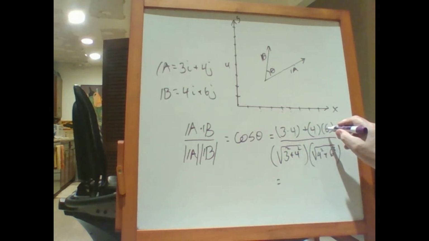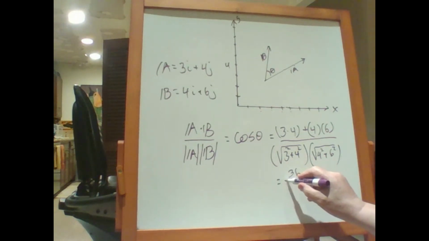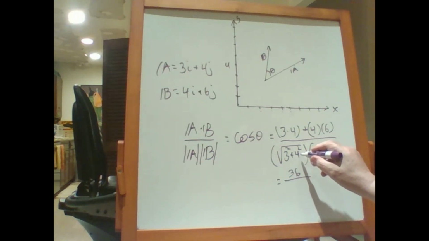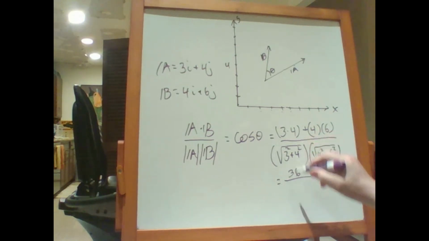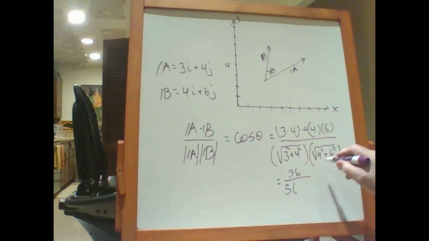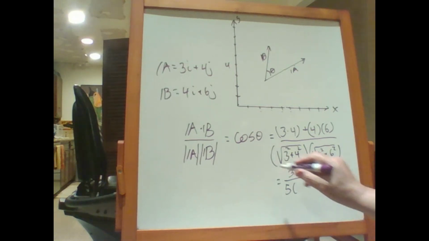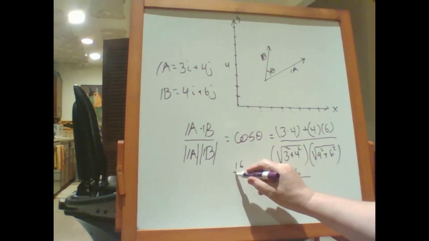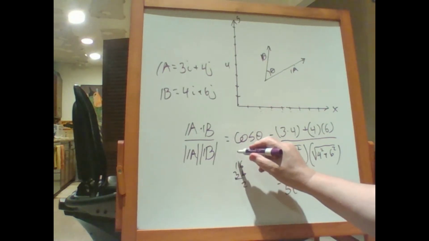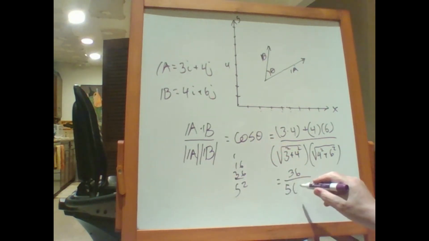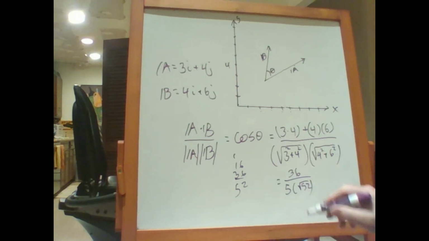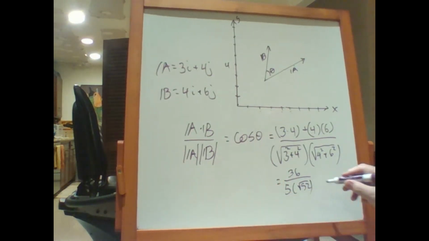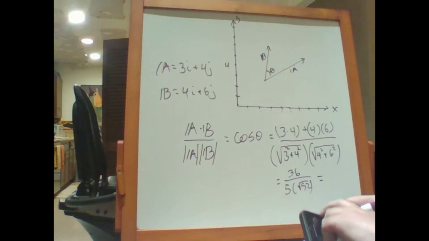That's 12 and 24, that's 36, over 9 plus 16, that's 25, so that's 5, times the square root of 16 plus 36, that's 52, square root of 52. Let's see what the square root of 52 is.